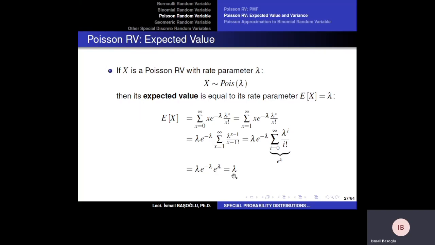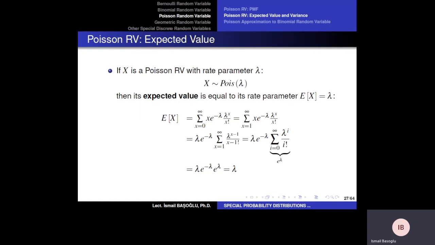Why? In the binomial random variable, where we have the number of trials equal to n and the success probability of each trial equal to p, we have said that the average number of successes that we are going to observe is n times p. And the Poisson random variable is a limiting case of the binomial random variable, and lambda was a replacement for np.